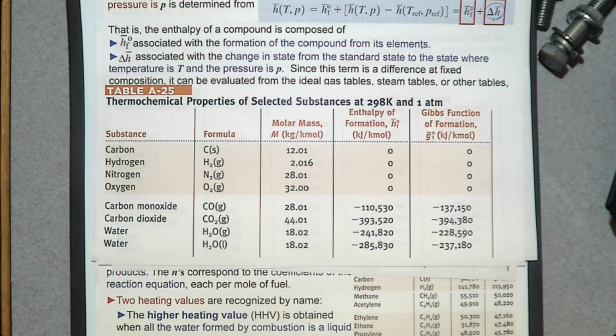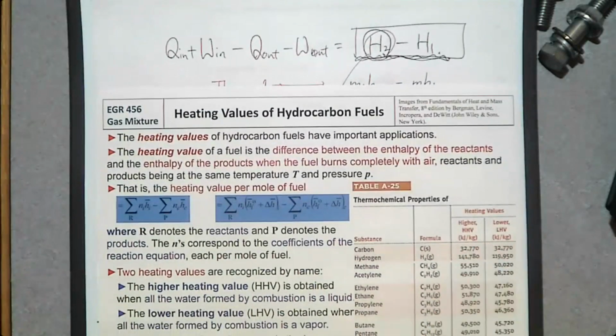So that's why there is lower heating value and higher heating value. Higher heating value means that we can create more heat because the final product is liquid water, and lower heating value means we produce less heat because the final product has water vapor. So the way to determine higher heating value and lower heating value depends on the water phase in the product. Okay?